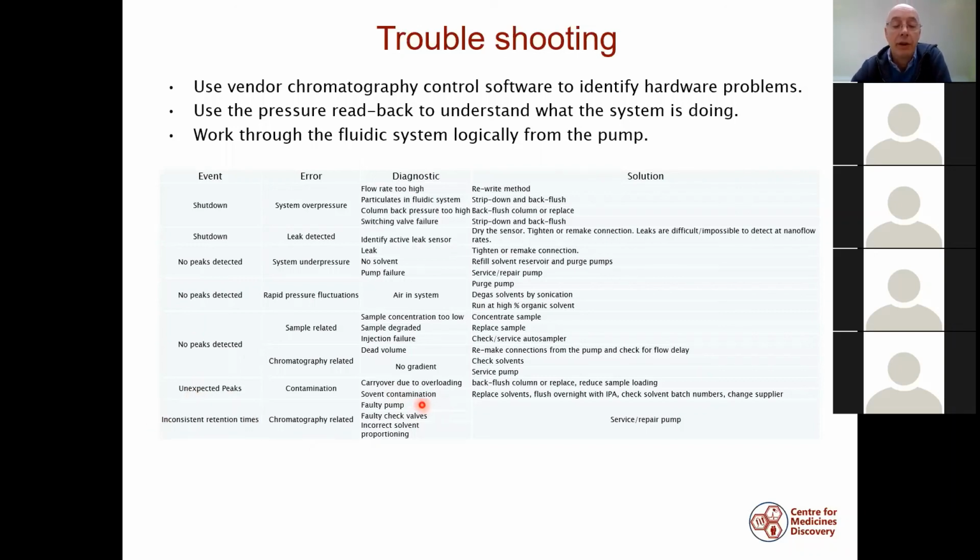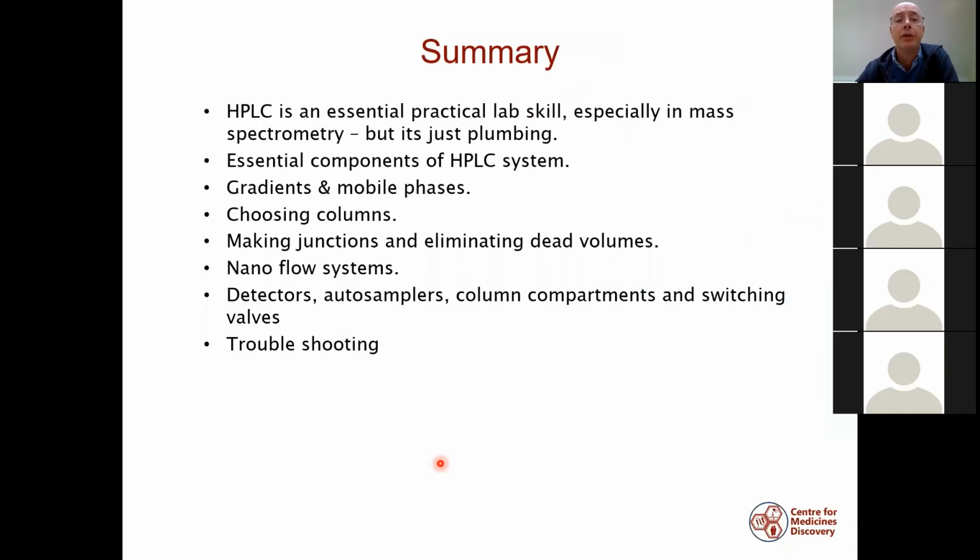So it could come from a faulty pump, faulty check valves. You could have the incorrect solvent, incorrect solvent proportioning. So this is not a list of everything that can go wrong, but this is a list of some of the things that can go wrong and some of the likely solutions to that. So that's really all I want to say about troubleshooting.